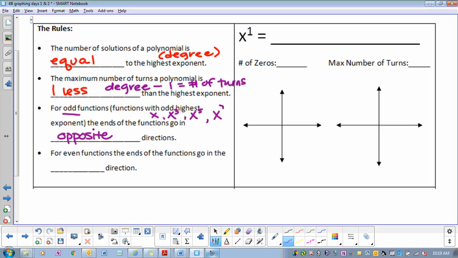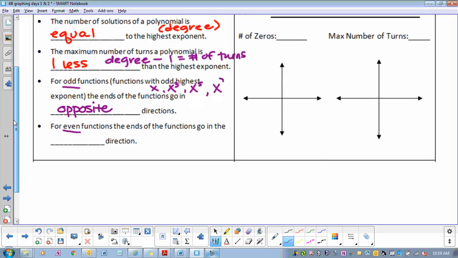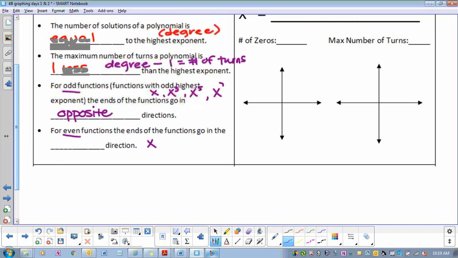All right. For even functions, well then even functions are going to be like x squared. What else? Biggest exponent, x to the what? Another even number. 4. And then what? X to the 6, right?